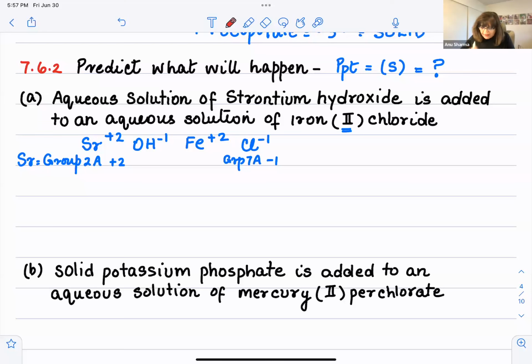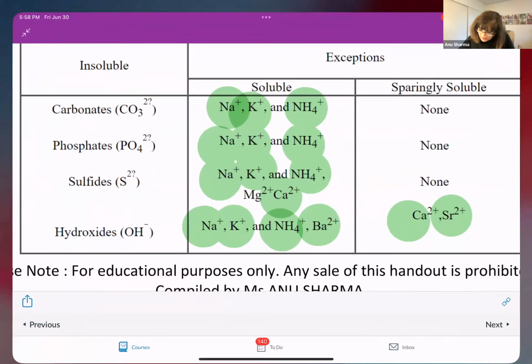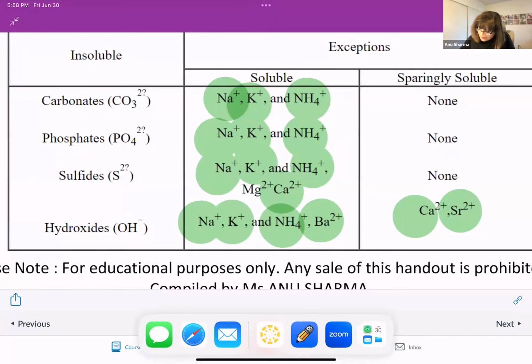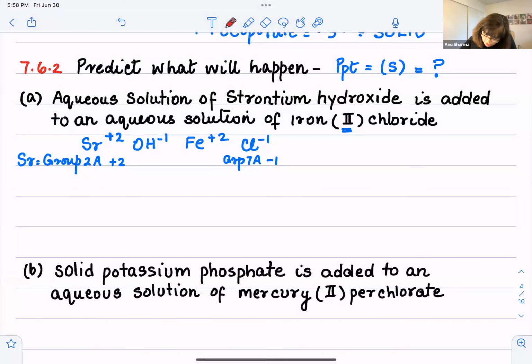Now, when these are in the aqueous solution, predict what will happen, whether a precipitate will form or not. Strontium hydroxide would be partially soluble, or is it not? Let me see. Hydroxide, yeah, strontium hydroxide is sparingly soluble, so some reaction will occur. Strontium is going to connect with chlorine, and iron is going to connect with hydroxide.